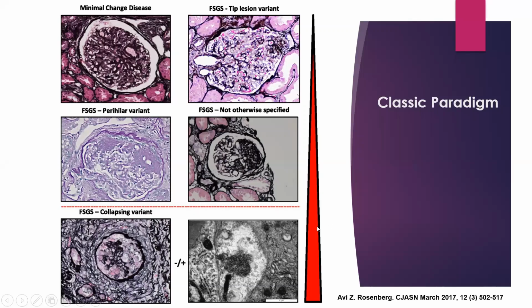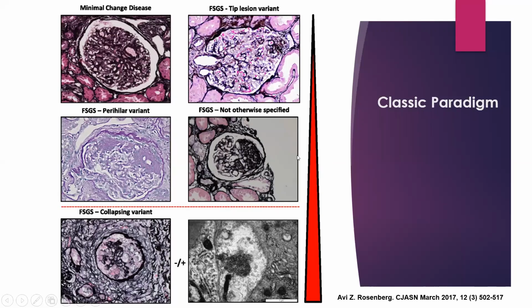As you see here in this arrow, when you go to the bottom of the arrow, there is the aggressive form, which is the collapsing variant, and rapid progressive form. When you go up, there is a less progressing form and better survival with therapy. And the perihilar and not otherwise specified are between them.